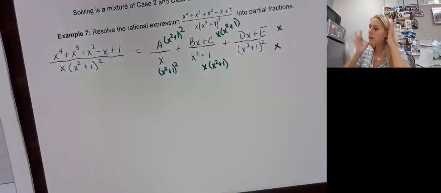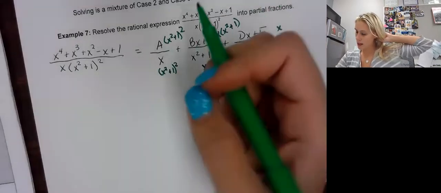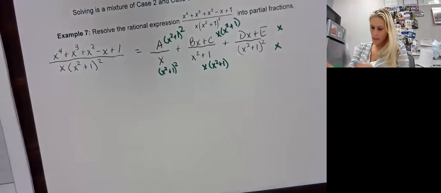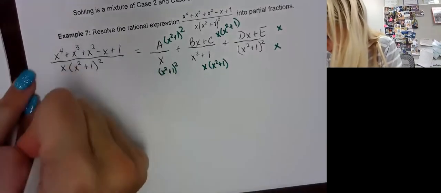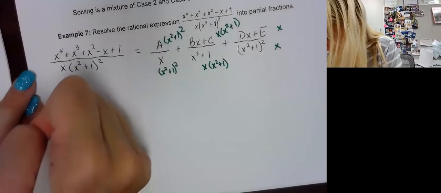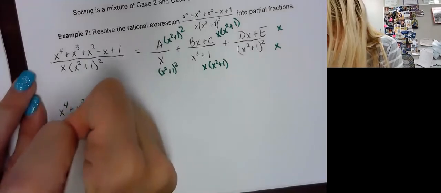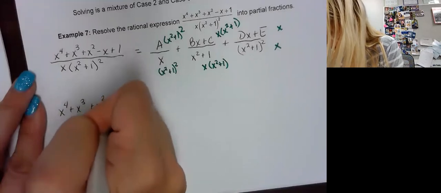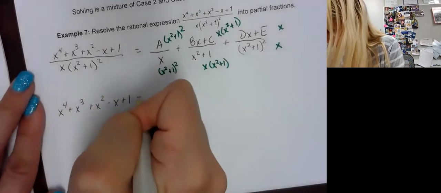All right. Whew. What I am going to do here is we're going to just look at the numerators, right? So I have x to the 4th plus x cubed plus x squared minus x plus 1 equals.